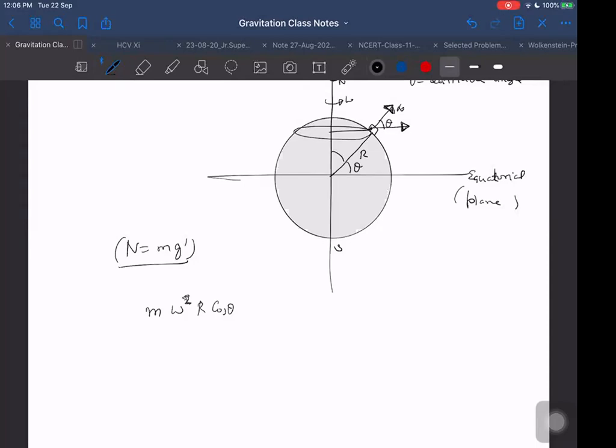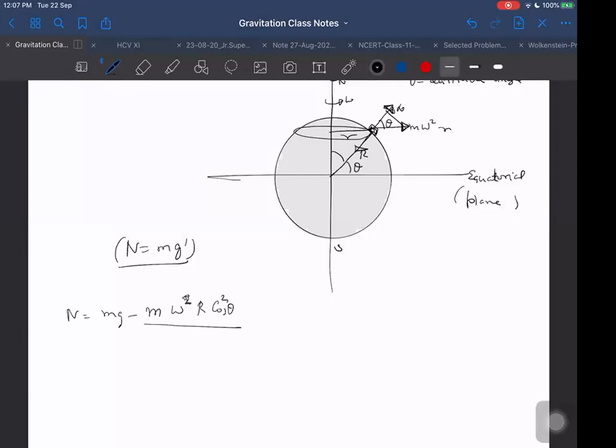Actually, normal should not be regarded as apparent weight, I think. For the time being, let us see the normal only. What is the normal here? Again, take the cos theta component of this, m omega square into small r. Then it will become cos square theta. That will be equal to the normal. And mg will also be there, on this side. So finally, mg minus this will be the normal.